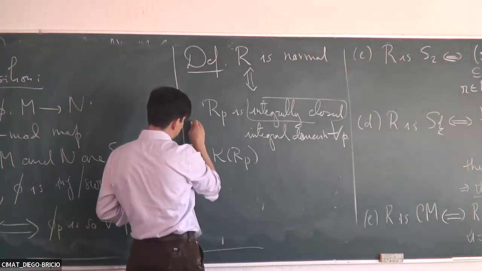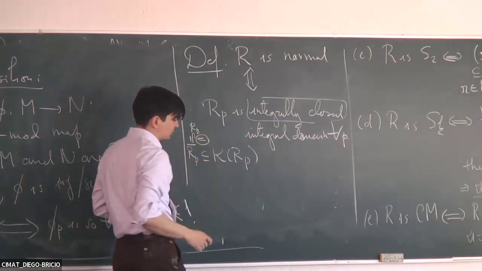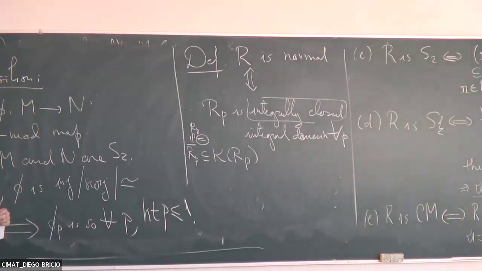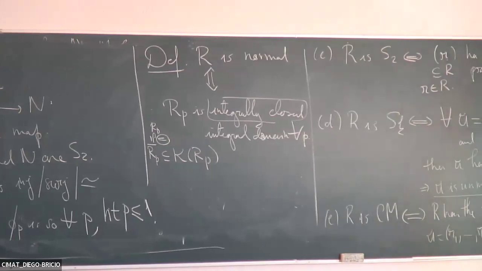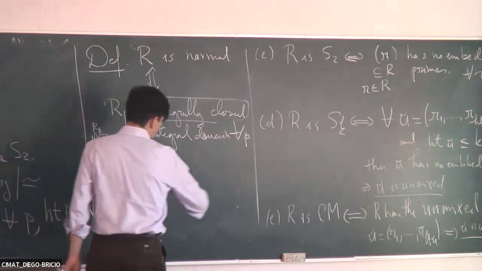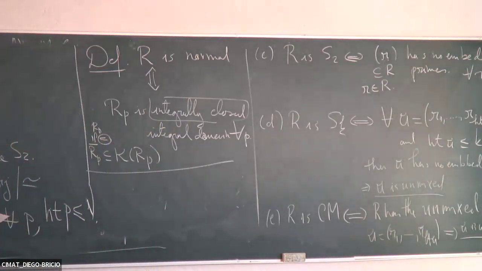And so integrally closed means that the canonical inclusion is just equality. Okay? You have seen this before in computer calculation. It's a standard thing to do. Probably in just a basic algebra course. Okay.